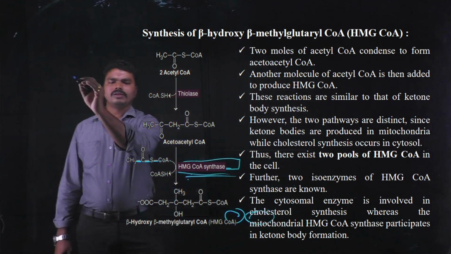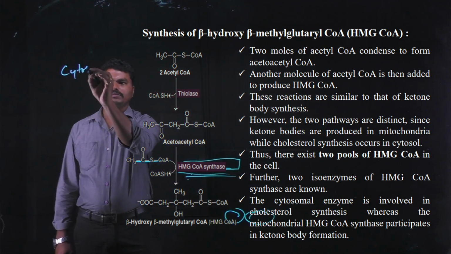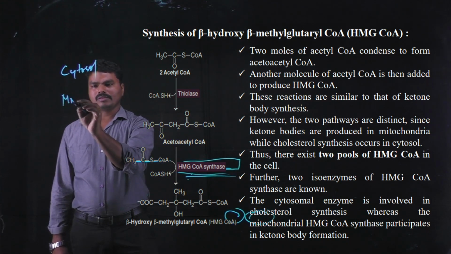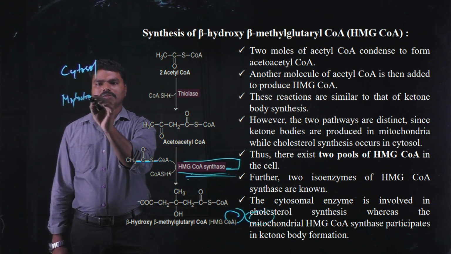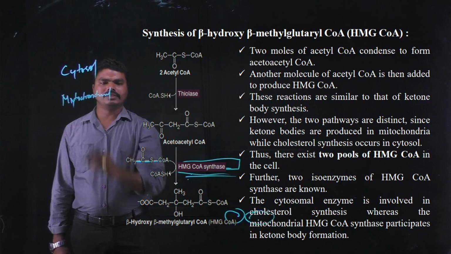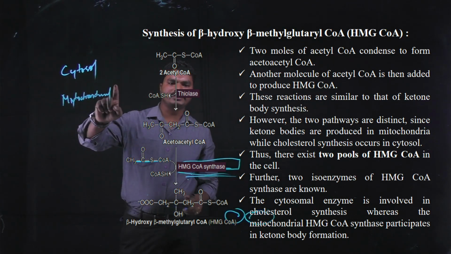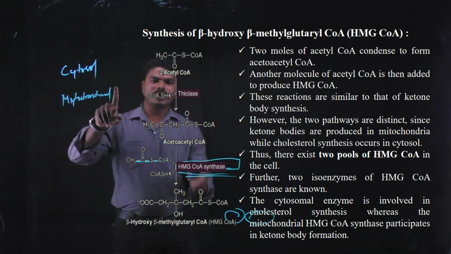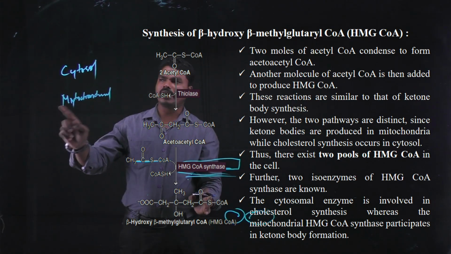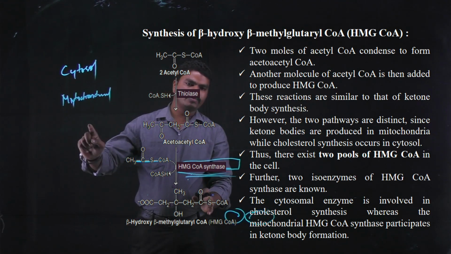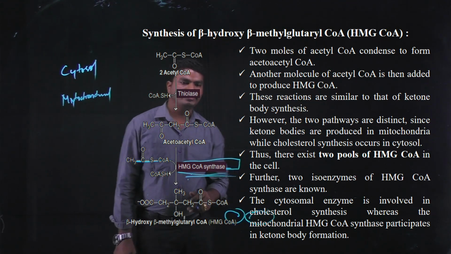One is the cytosol HMG-CoA synthase, and another one is a mitochondrial HMG-CoA synthase. Cytosolic HMG-CoA synthase is involved in the biosynthesis of cholesterol, and mitochondrial HMG-CoA synthase is involved in the production of ketone bodies in the mitochondria.